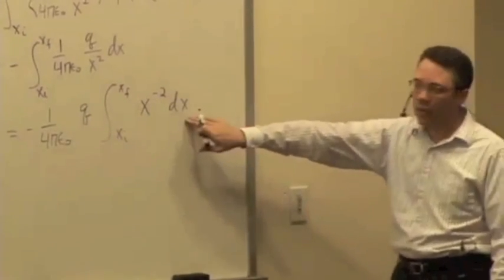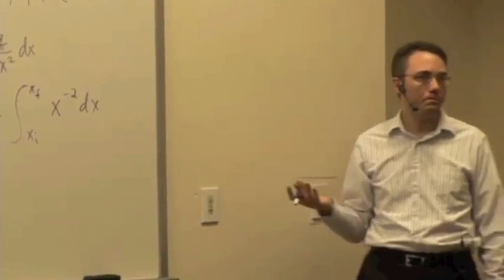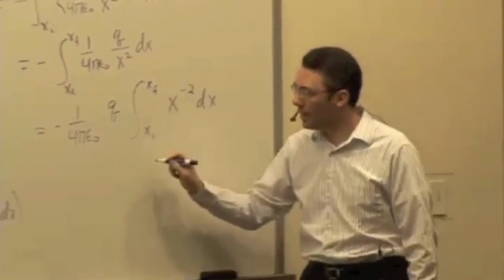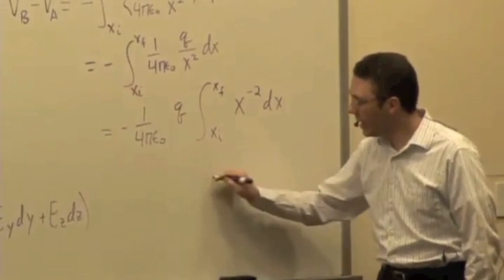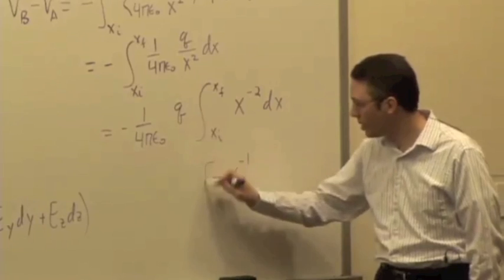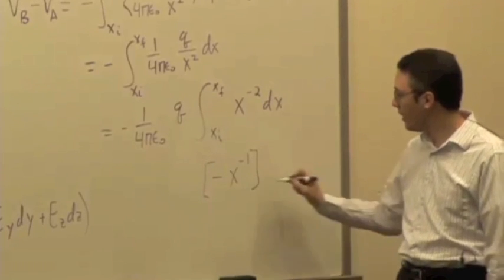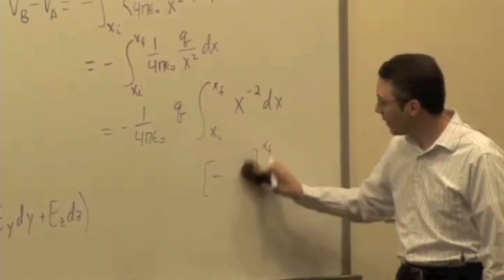And the indefinite integral gives me what? You integrate x to the minus 2 and you get what? What do you get? Negative x to the minus 1. Okay, negative x to the minus 1. All right. And I'm evaluating from x initial to x final. So in other words, negative 1 over x. Let me write it that way.